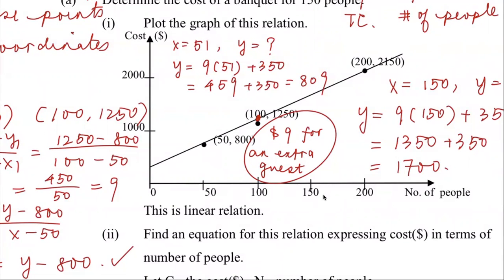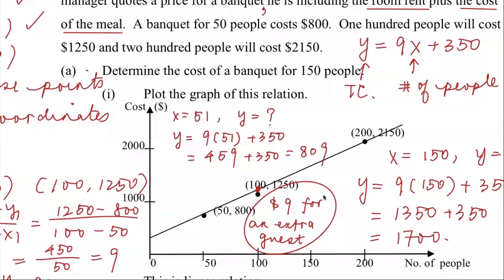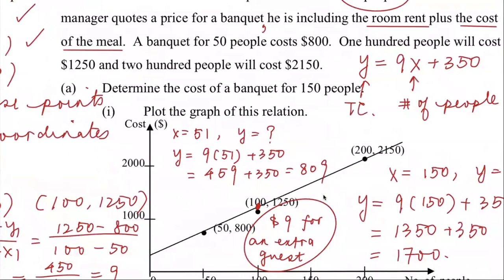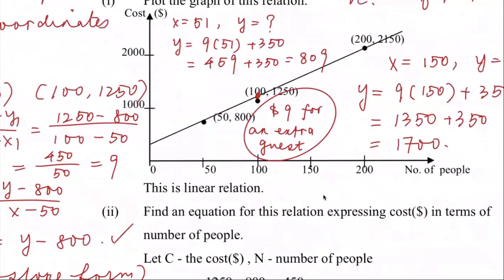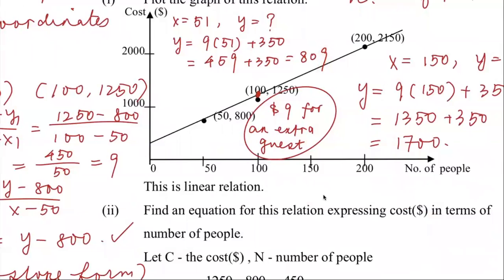We know that the room rent is fixed, right? It doesn't matter how many people we invite, the room rent is always the same. So the extra $9 can only be the cost of one meal, the extra meal for this extra guest.